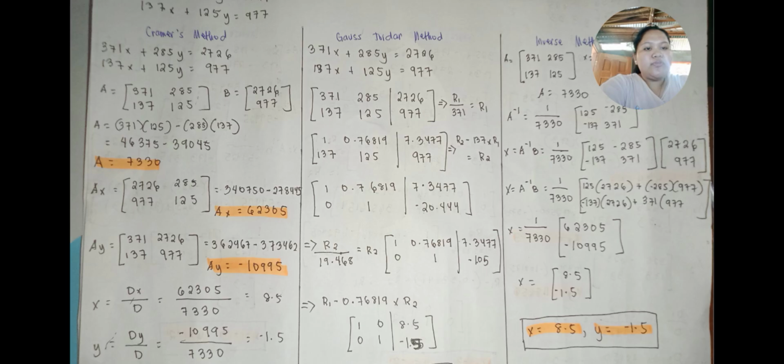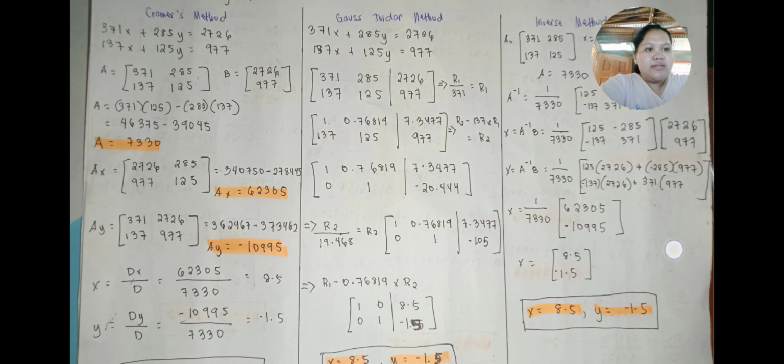Next, we are going to proceed. We are going to make row 1, column 2 zero, lessening the numbers of the B. So we have here 0, 1, negative 1.5. So copy the row 1.